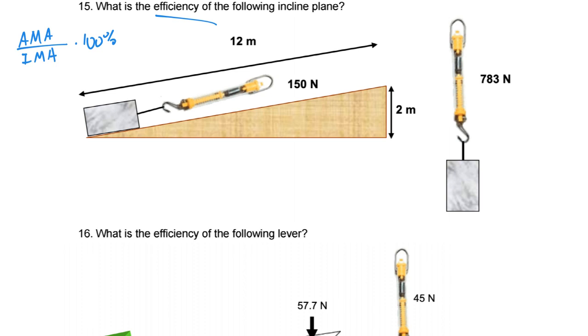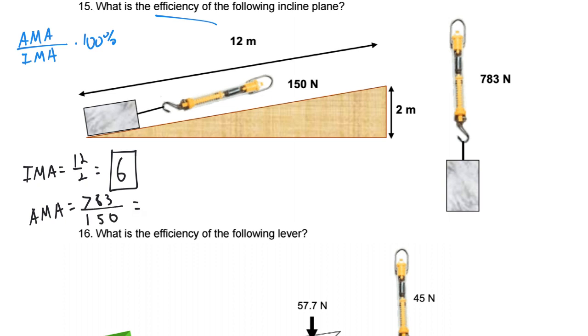All right, so for ideal mechanical advantage, we'll just do the distance formula. Ideal mechanical advantage is going to be input distance divided by output distance. 12 divided by 2 equals 6. But now to figure out the actual mechanical advantage, we'll look at the actual forces involved. We went from 783 newtons to lift it straight up down to 150 newtons to pull it sideways.